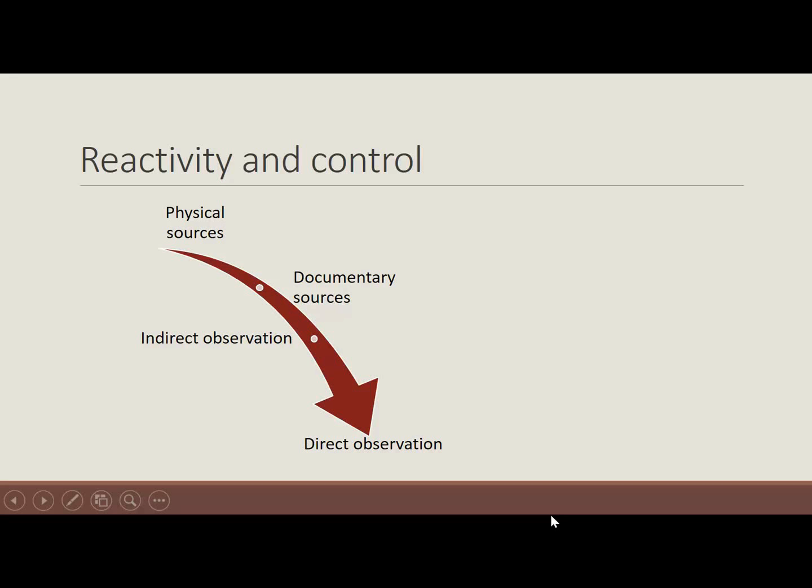As anybody who's ever tried to study scientists in a laboratory would know, they act very, very differently. And then also one must realize that a document is not produced necessarily for your research. It's produced for another reason. A research paper, for instance, can be produced with the idea of rhetorically arguing for a certain point. And if I want to do a content analysis, I must take that into account.